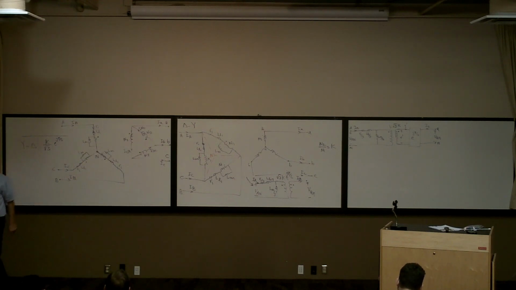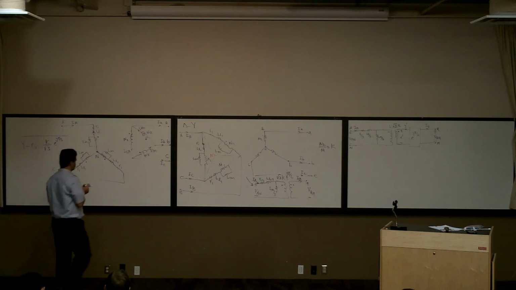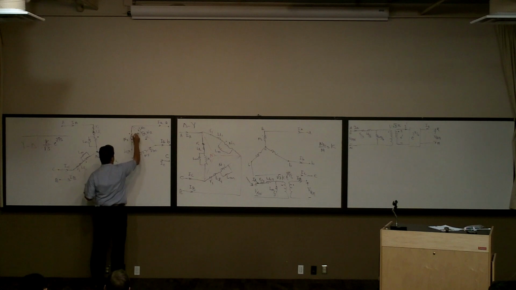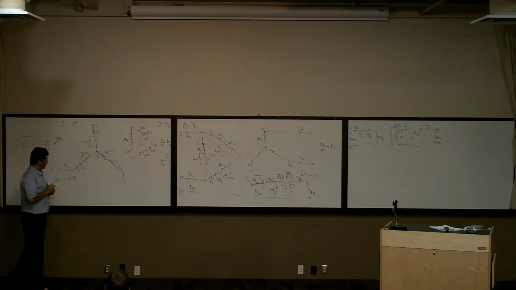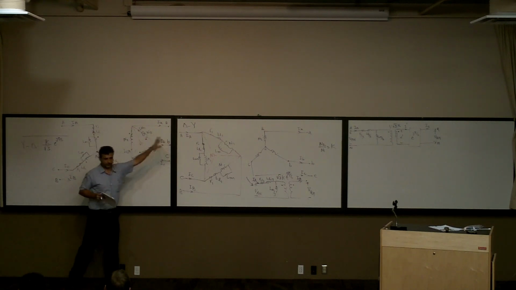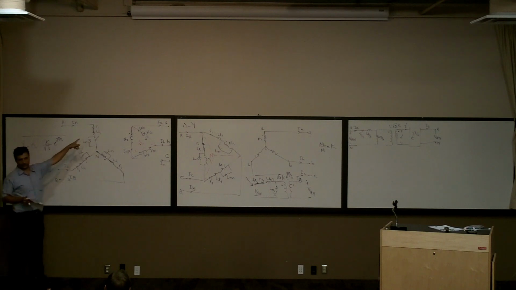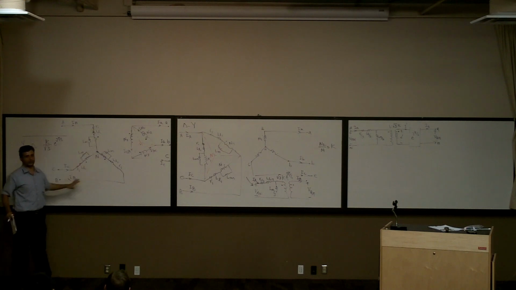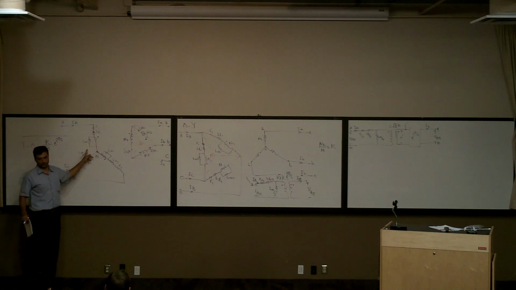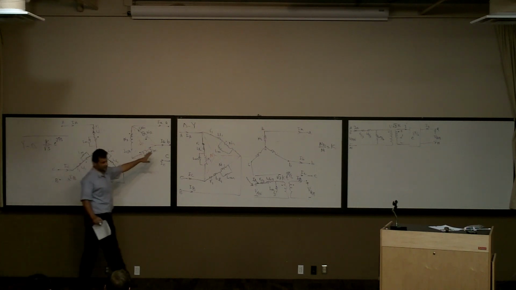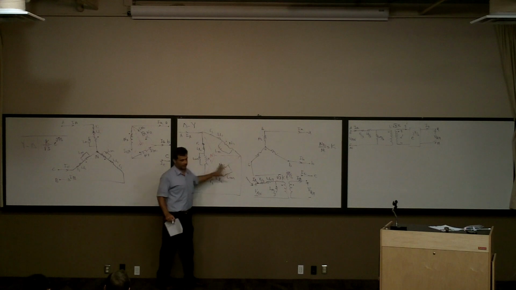So I'm going to draw the per phase here. Again, here it needs to become a kind of fake star, right? Now I can go one phase to one phase. Do I need to divide this one by square root of 3 or not? Am I converting this side to anything? No. So basically it's going to stay the same. R1, L1, L2, no change, right? Here when I did this, I divided them by 3.